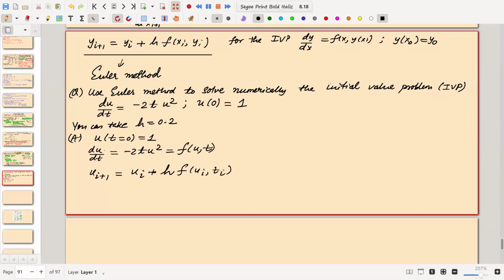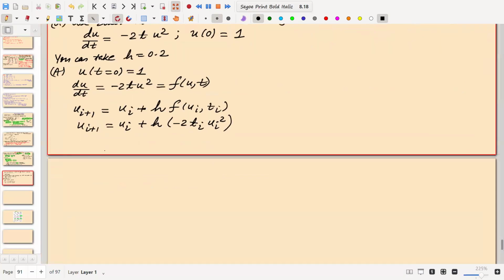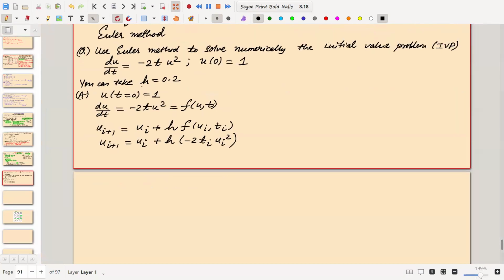So u(i+1) equals u(i) plus h times minus 2 t(i) u(i) square. The h is given as 0.2.